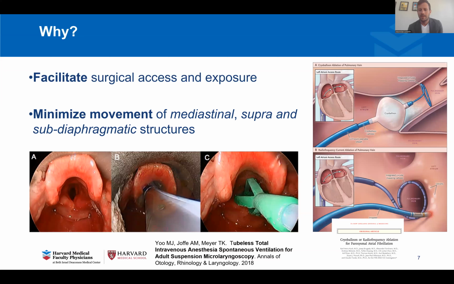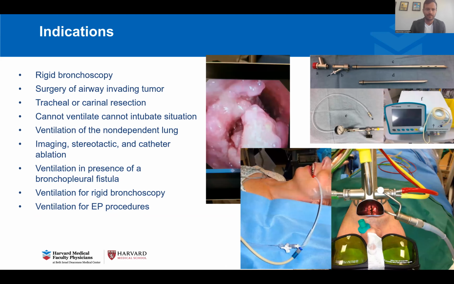So ablations of atrial fibrillation, which we also call pulmonary vein isolations, because that's what they do. They basically electrically isolate the pulmonary veins, and the success rates are much better with minimal movement. And I'll have some data on this later. And this is where jet ventilation comes into play, because it facilitates minimization of movement of intramediastinal structures.